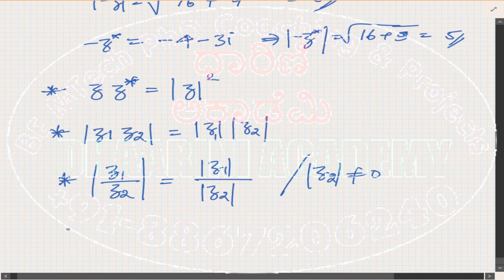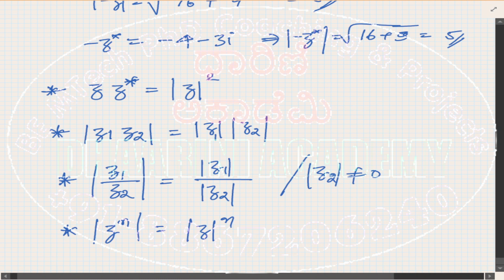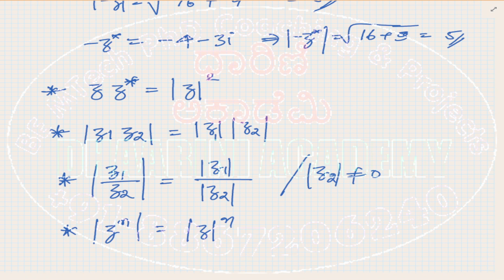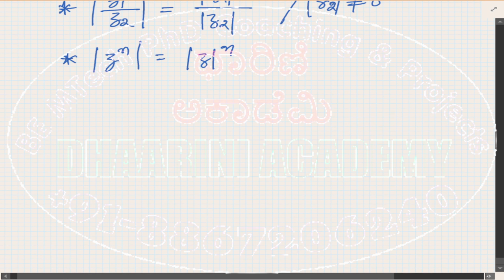All right, then we have a property that magnitude of z to the n is nothing but magnitude z raised to the power n. Okay, then the next property is this.